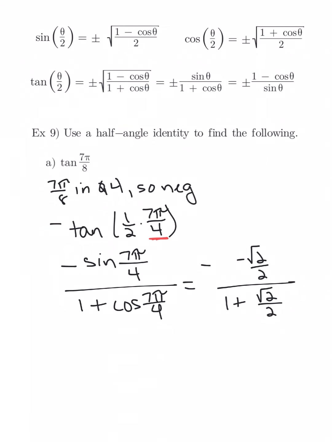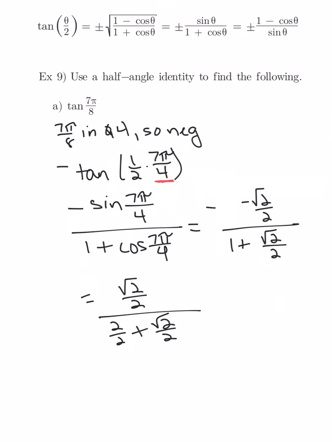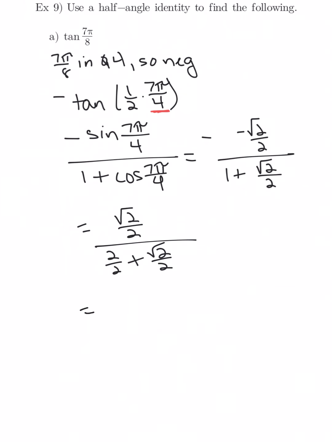Well, the negative of a negative is going to give us positive square root of 2 over 2. In our denominator, I'm going to rewrite the 1 as 2 over 2 plus the square root of 2 over 2. So now I have the square root of 2 over 2 over 2 plus the square root of 2 over 2.